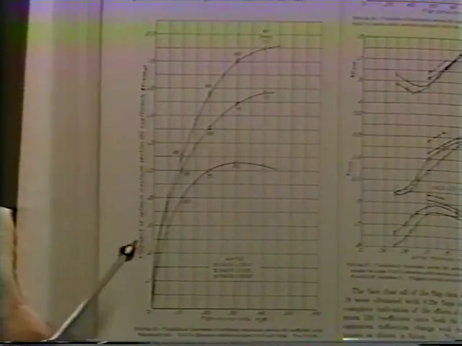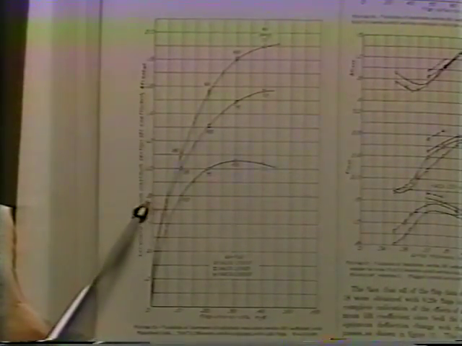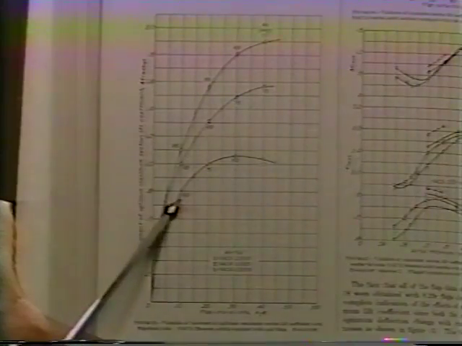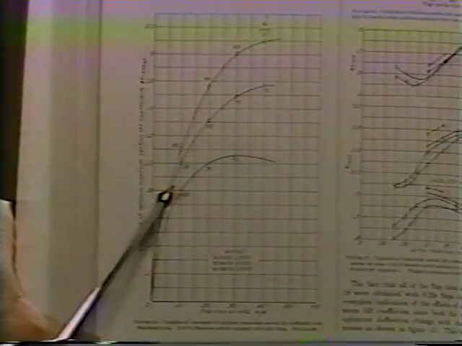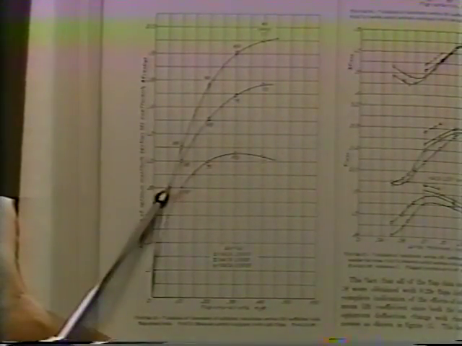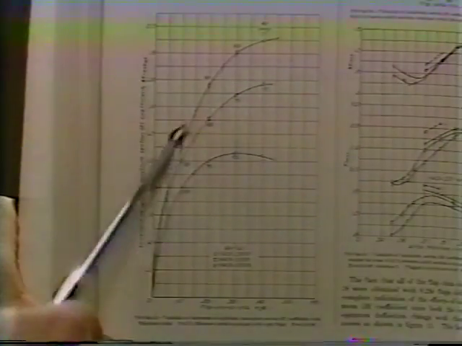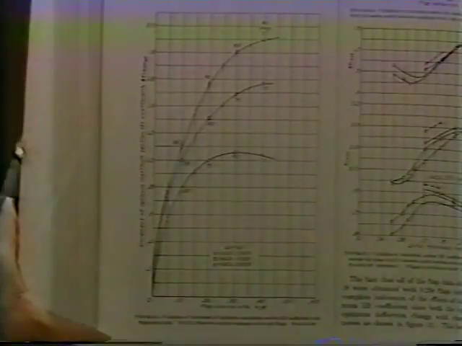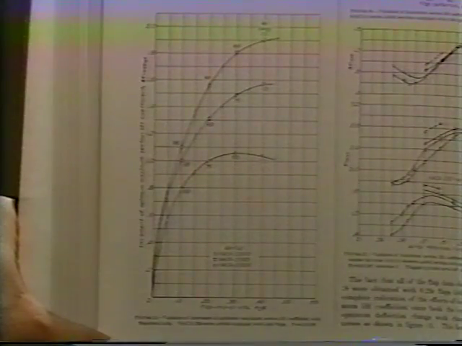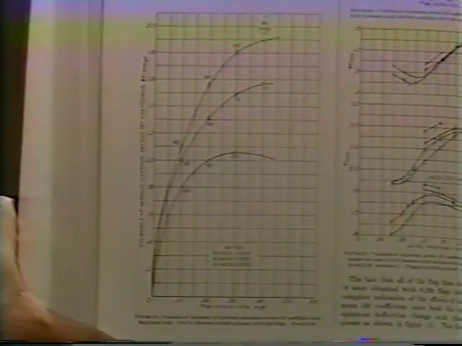So therefore, a trailing edge flap having a chord equal to 10 to 20 to maybe 25% of the chord of the whole wing is the best region to be in, and you will get the maximum benefit that is practical.